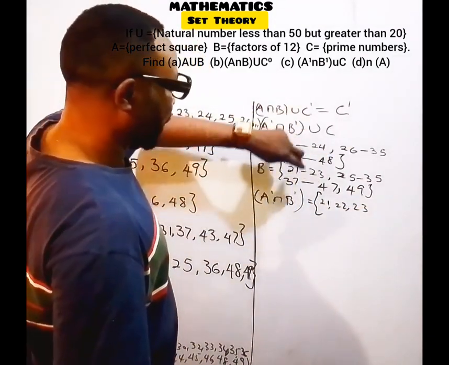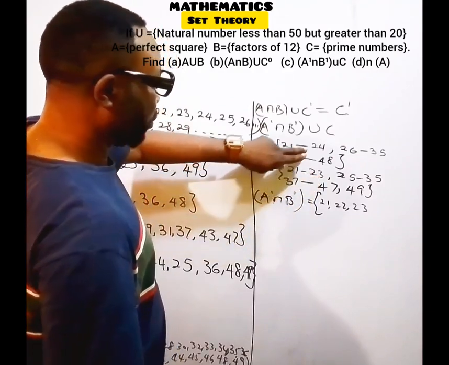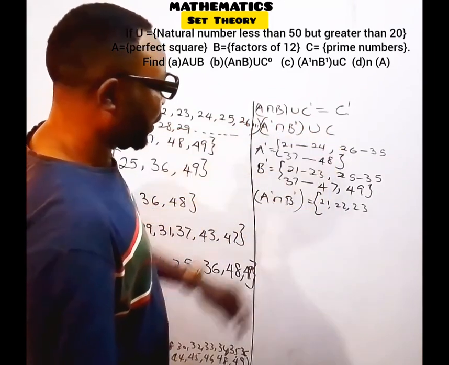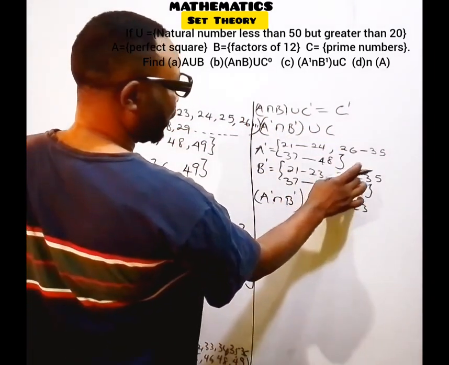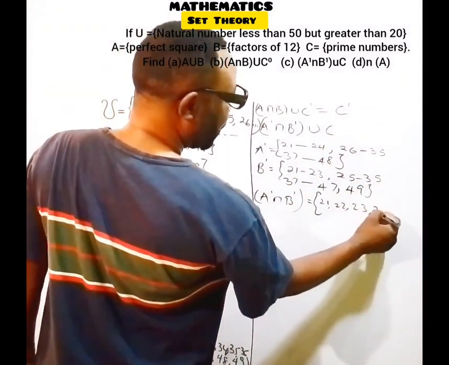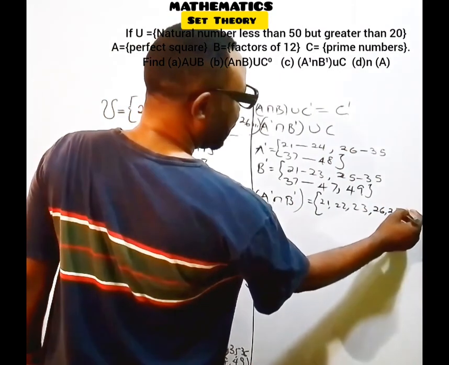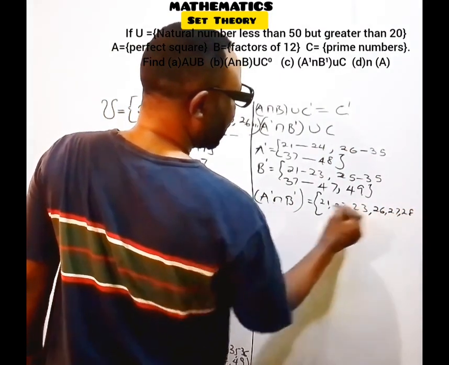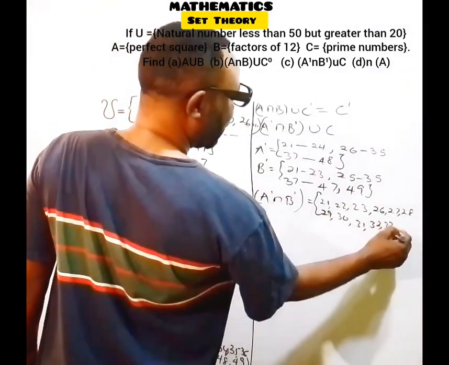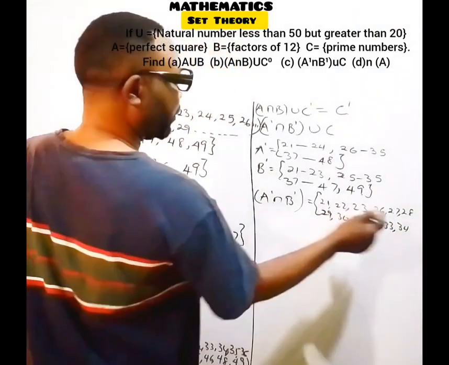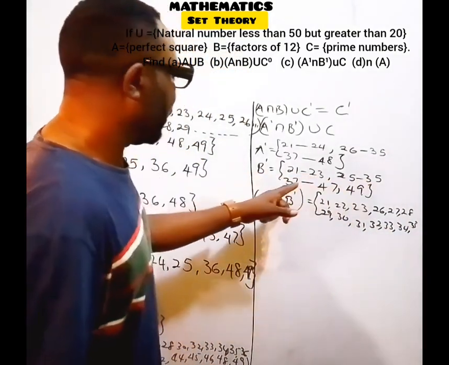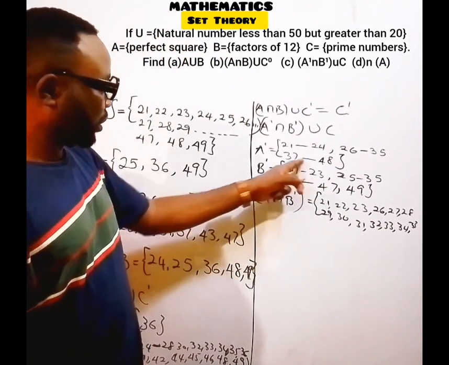After that, there is no 25 here, so 26, 27, 28, 29, 30, 31, 32, 33, 34, and 35.